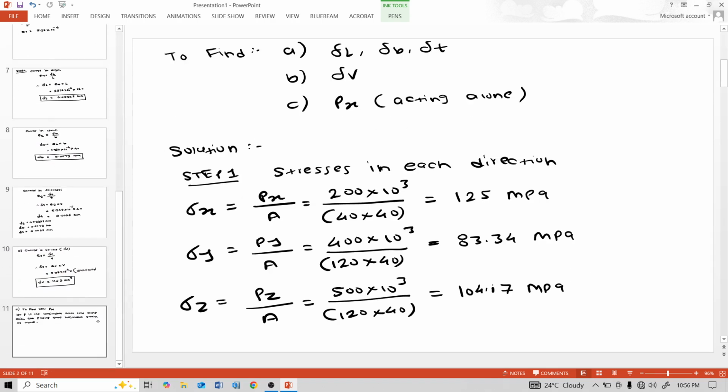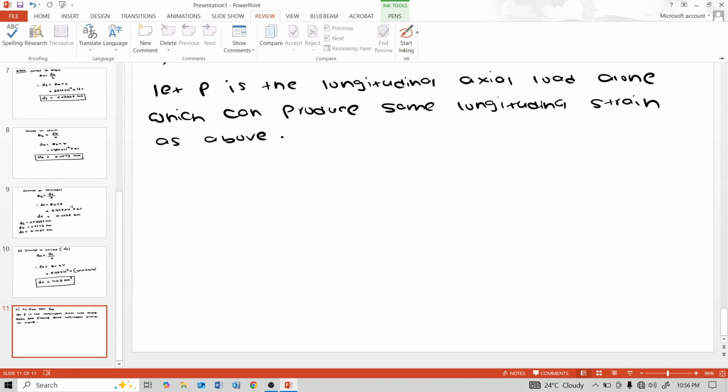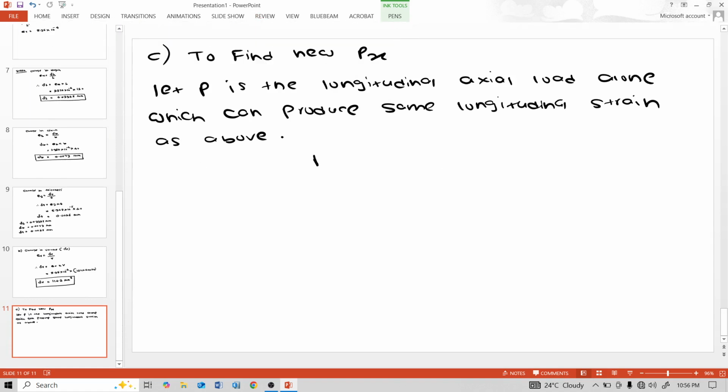For finding this, we use Young's modulus formula. Young's modulus is stress upon strain, and strain is stress upon Young's modulus.